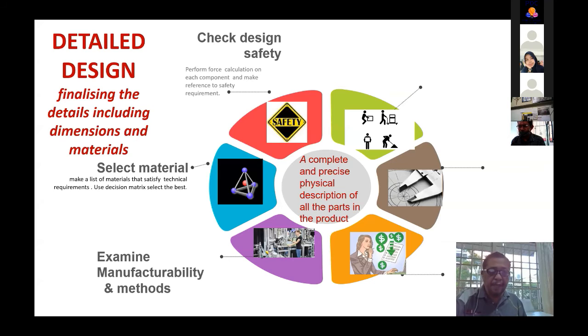The next one is to reduce cost, and also to simplify it so that we can actually produce it. We look at how it's going to be manufactured. Is it easy to manufacture? Because when we give a detailed design, for example, if our specs are very, very tight, then it's very difficult to manufacture.